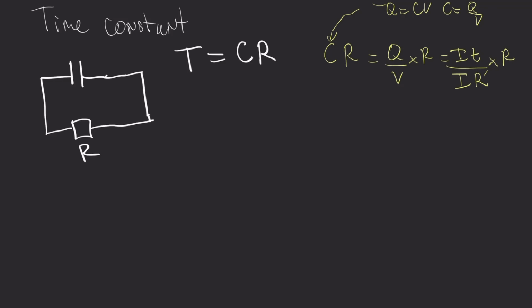So just considering these units, we can see that if we were to multiply capacitance with resistance, we're going to get units of time. So this here is a time.